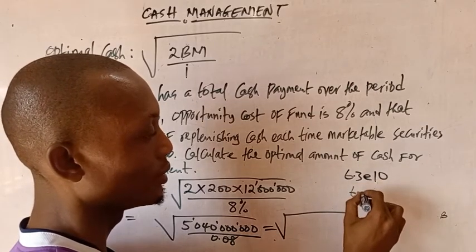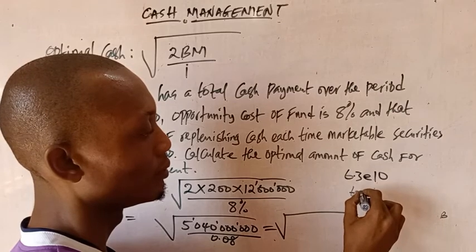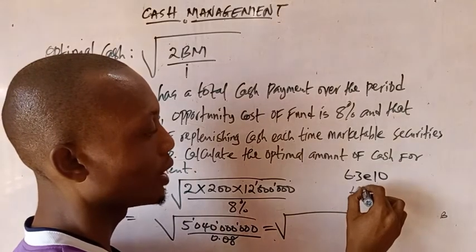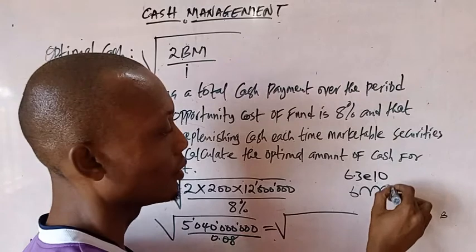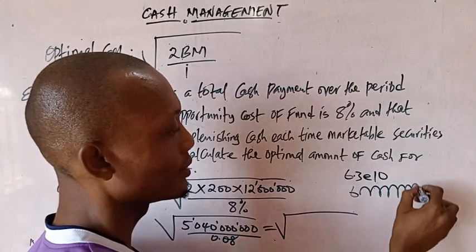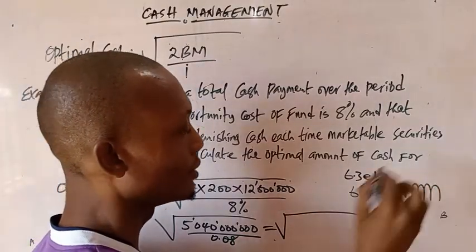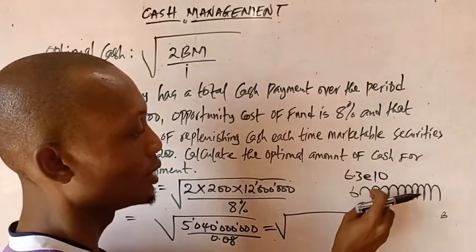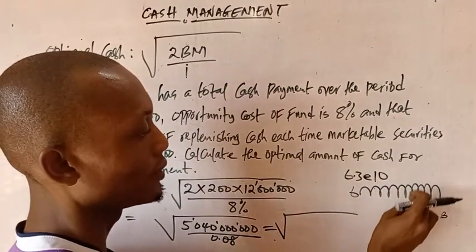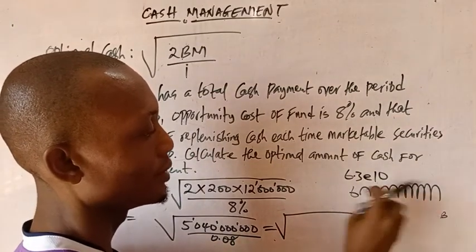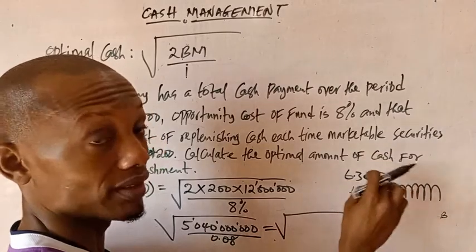So we are shifting now, 1, 2, 3, 4, 5, 6, 7, 8, 9, 10. It means shift the decimal point 10 places.